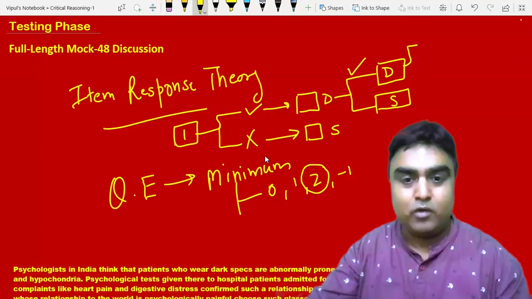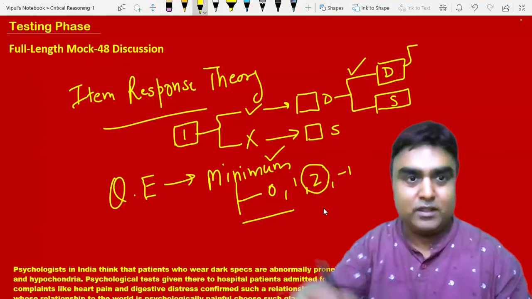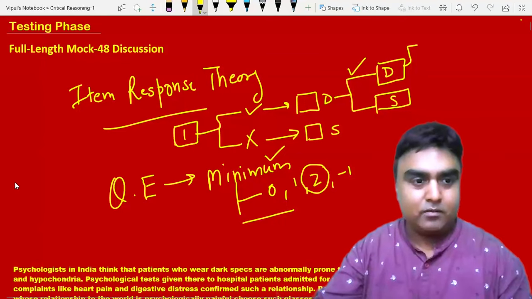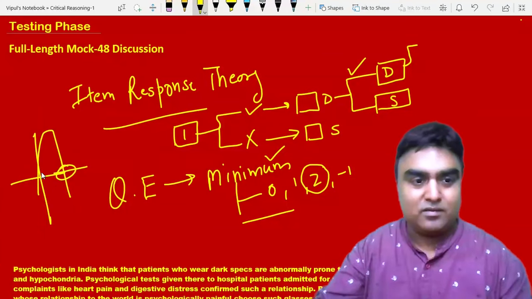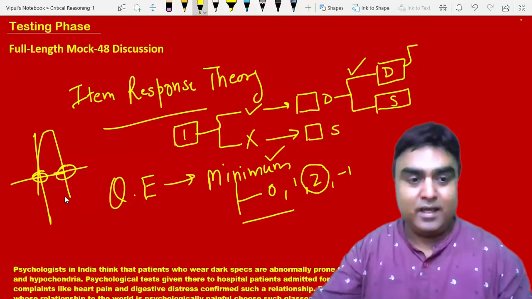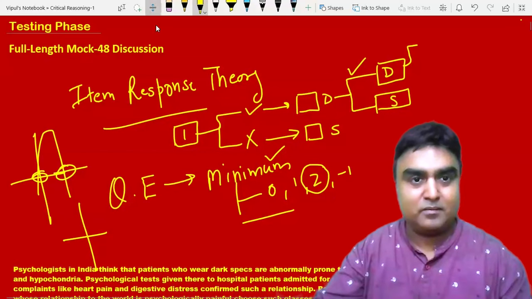Now, the point is, when you're talking about the minimum, the game changes actually. So if in a quadratic equation, let's say, I'll give a simple graph so that you understand much better. If a quadratic equation goes like this, then the roots will be 2. But can there be a situation with just one?